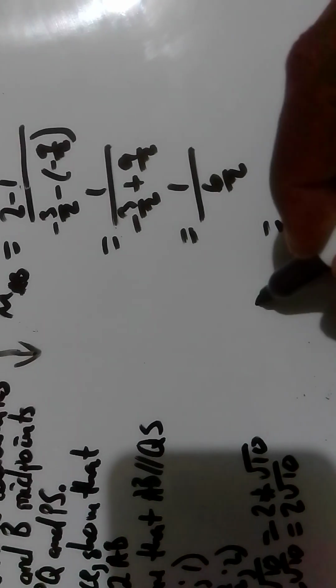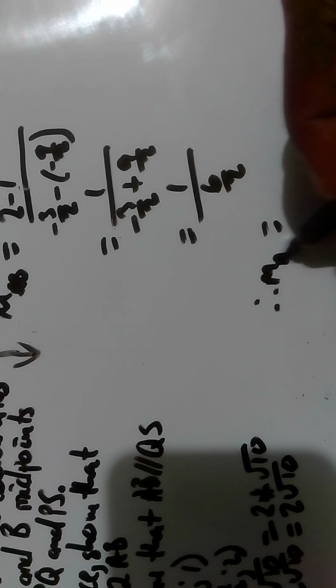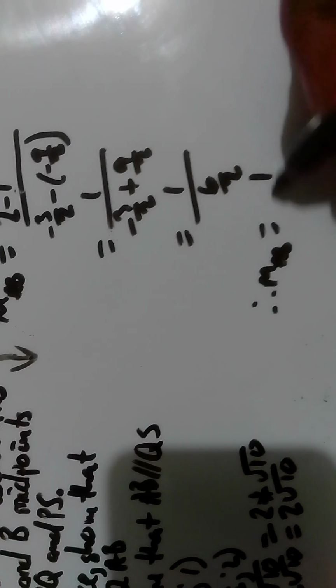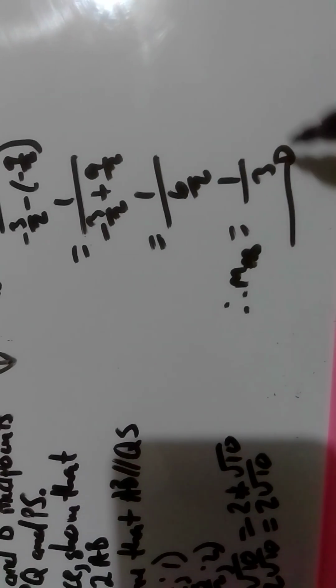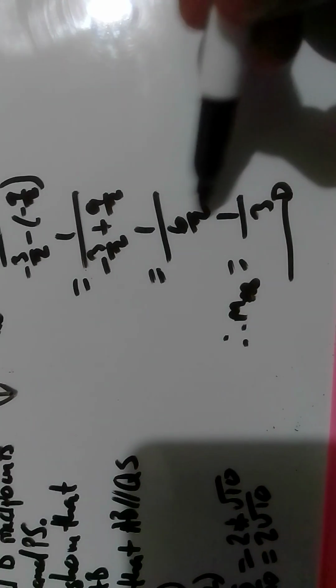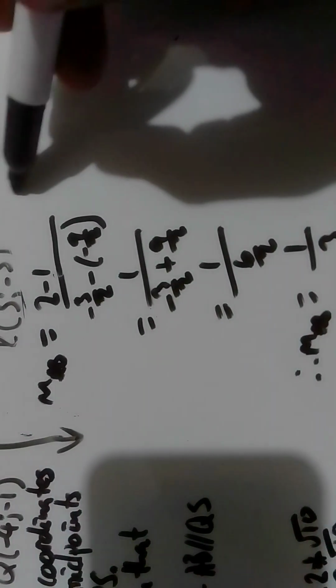But I know that 6 over 2 is equal to what? 6 divided by 2 is equal to 3. So now I conclude that therefore the gradient for line AB is equal to 1 over 3, like that. That is the gradient of line AB. Because I said 6 divided by 2, I got 3. There's the 3. Now on this other end, I must calculate the gradient of line QS.